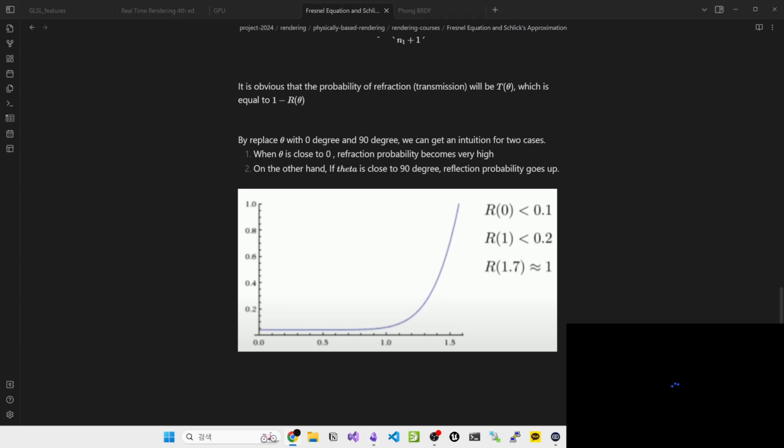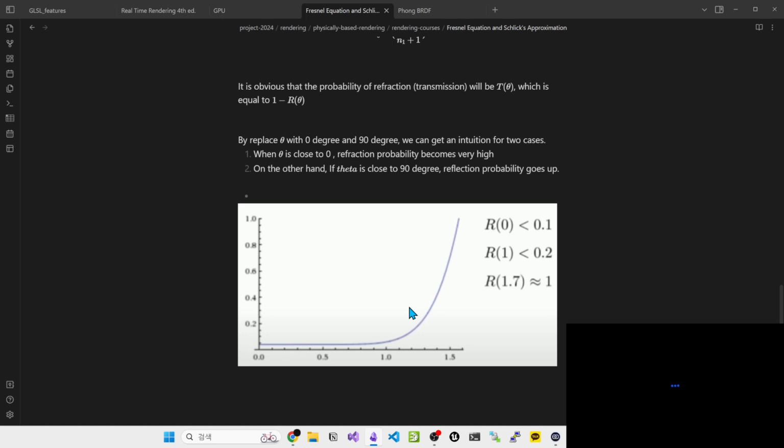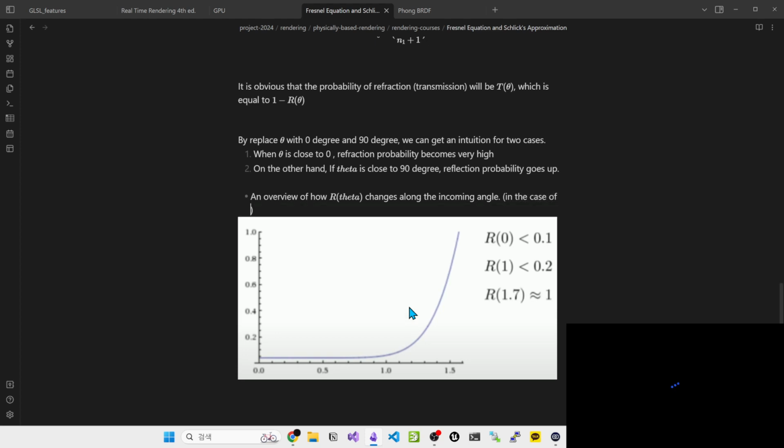But there's something fishy about this plot.